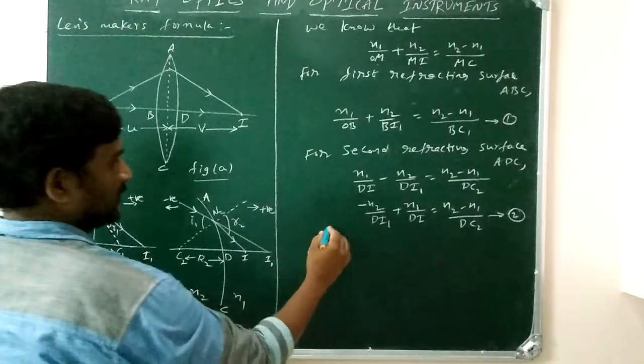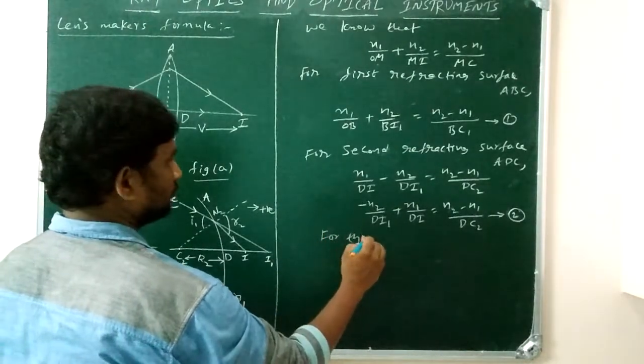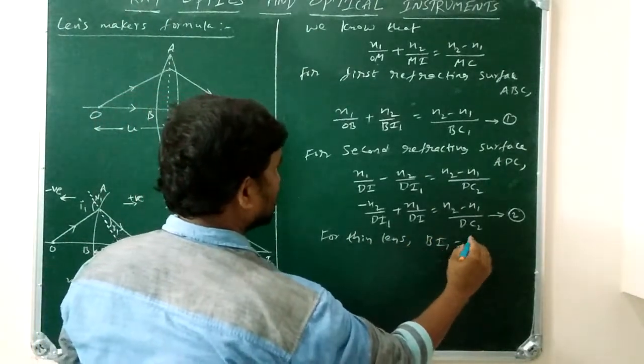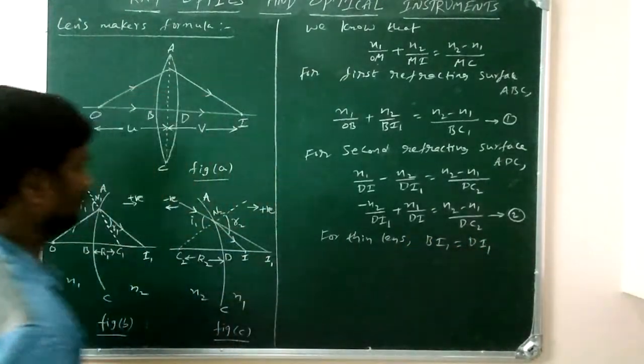Now for a thin lens, we write BI1 distance equal to DI1.